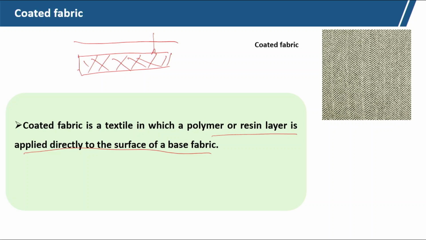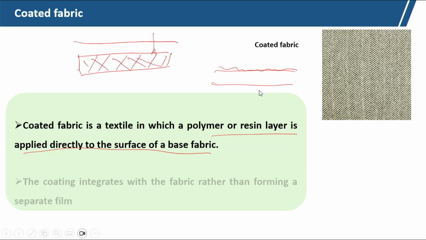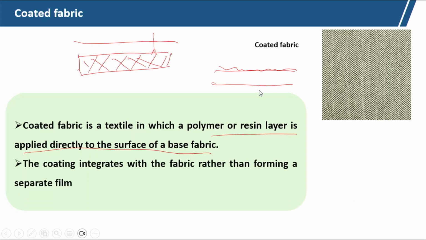But in coated fabric the polymer or resin layer is applied on the base fabric and then it is dried to get the coated fabric. Coating integrates with the fabric rather than forming a separate film.